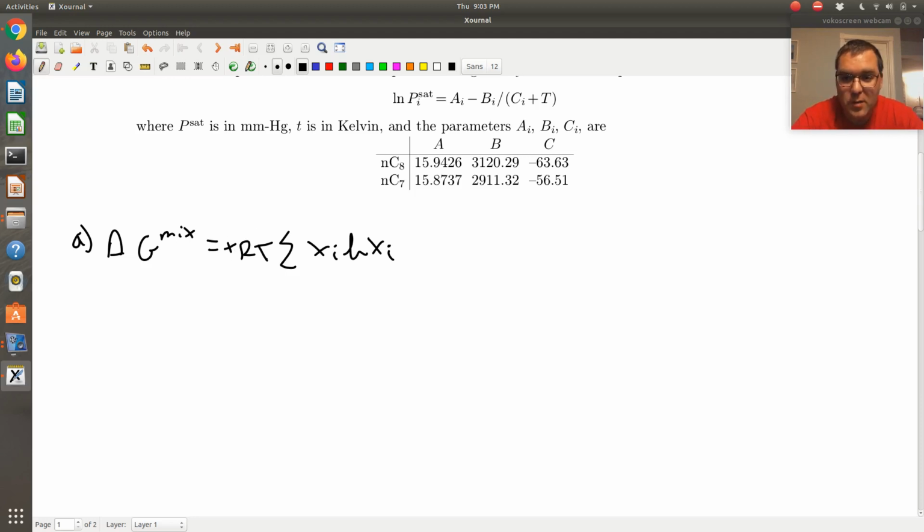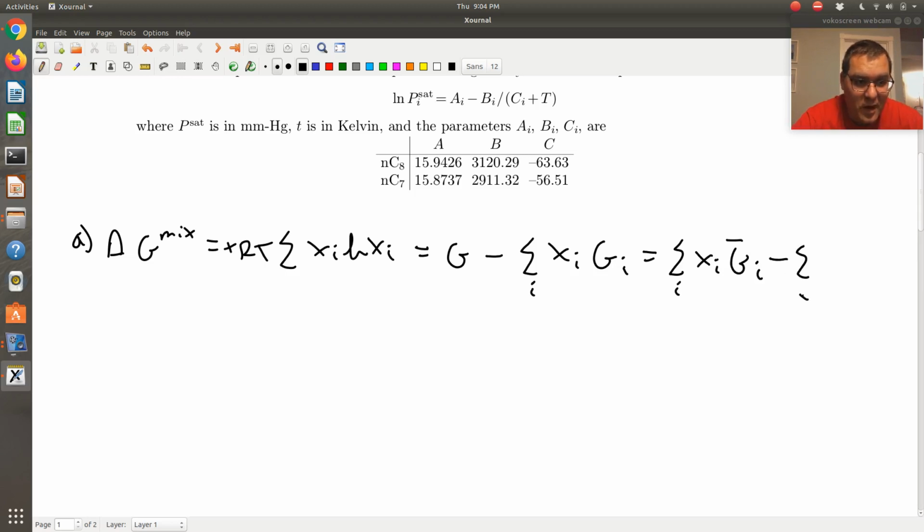So delta G of mixing is RT sum over i of xi log xi. And delta G of mixing is, by definition, G minus sum over i of xi gi, where G is sum over i of xi g bar i.